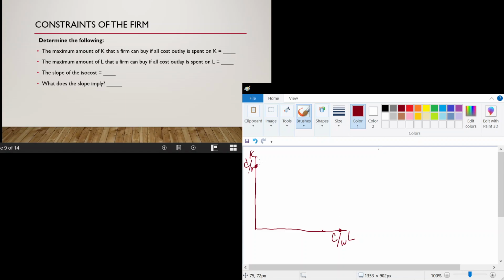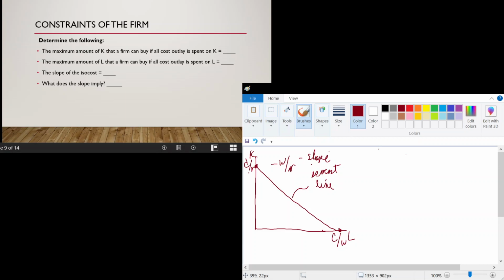Okay? And then, pwede na natin i-draw ngayon yung isocost line natin. So, the slope of the isocost is equal to negative W over R. Ito yung slope ngayon. So, it can be reflected in the graph na negative siya.